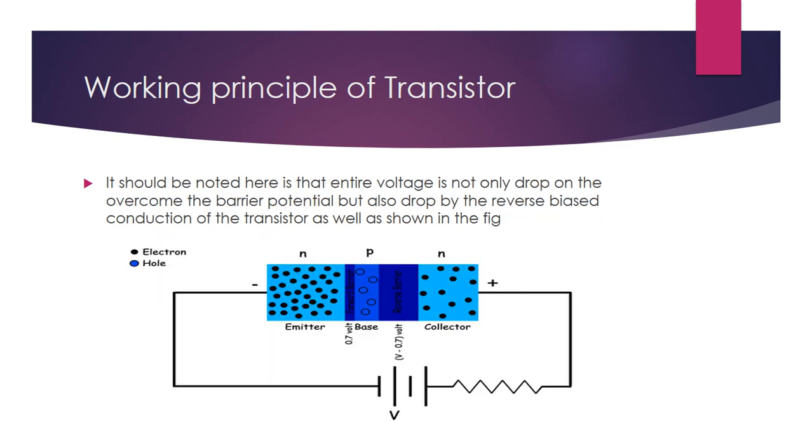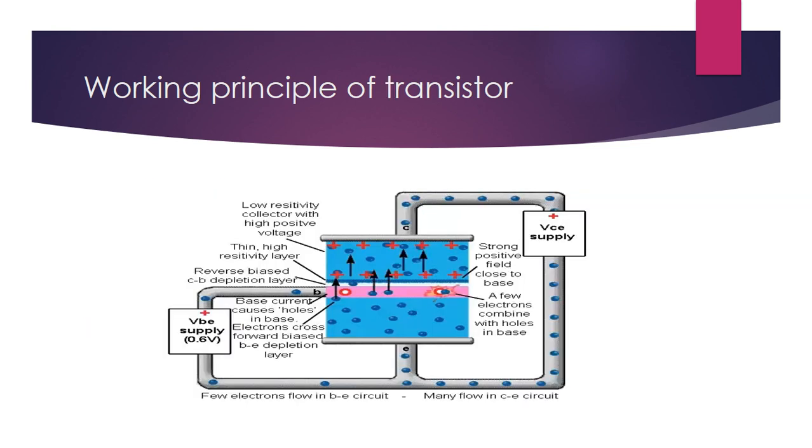Here in the picture we show that 95% of electrons transfer from the emitter region towards the collector region. How much? 95 percent of electrons.